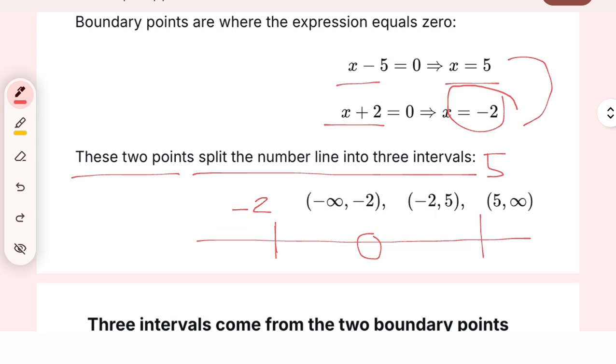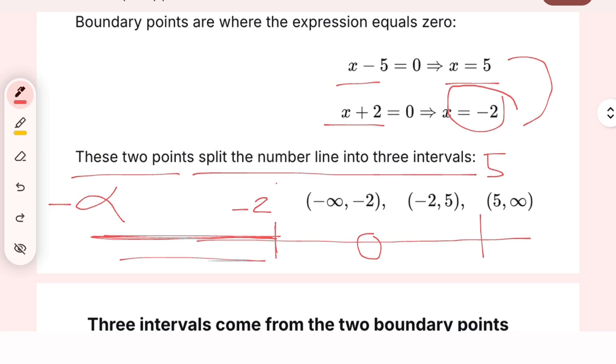Because of 5 and negative 2, the number line is now divided into 3 intervals. The first interval is from negative infinity to negative 2.